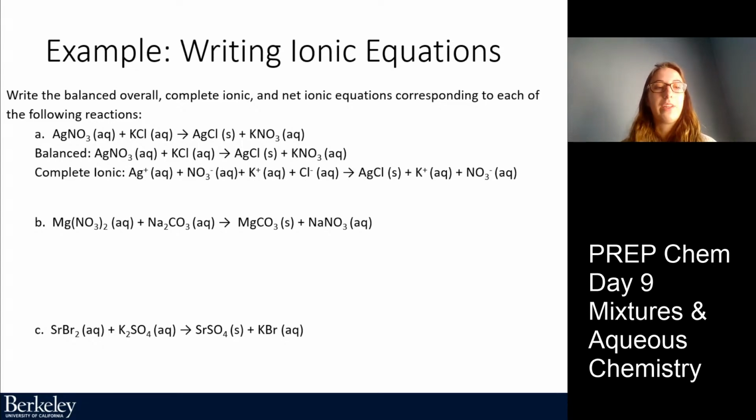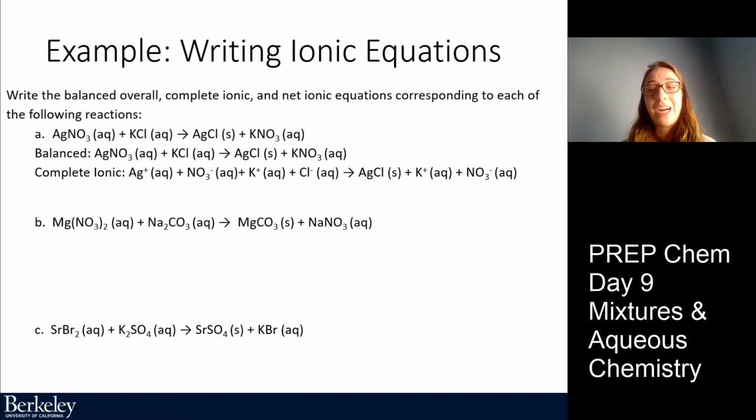So then when we write out the complete ionic equation, we include everything. We include all of these species. And you would want to be careful to make sure that you have all of your charges and that you also write AQ after all of the aqueous species to denote that they're ions in solution. And then some of these cations and anions don't actually participate in the reaction. So in this case, you see that before the reaction, you have these nitrate anions and these potassium cations.